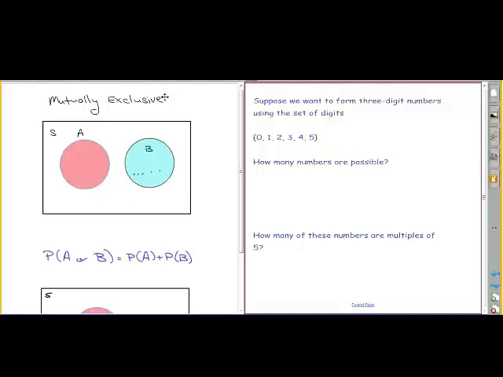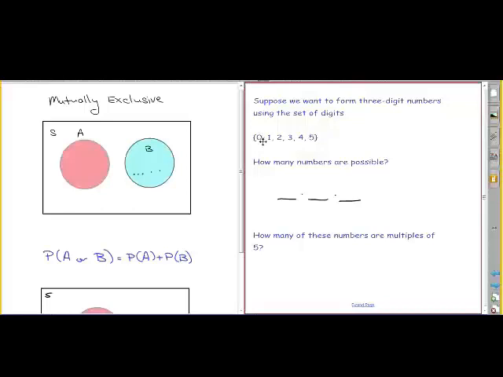So to answer that question, we use the fundamental counting principle, which says that if you have a multi-step process, then you count how many choices you have at each step, and as long as the choices in the previous step don't influence the next step, you can use the fundamental counting principle. So the question is, if we have a 3-digit number, how many of these numbers can we choose from?